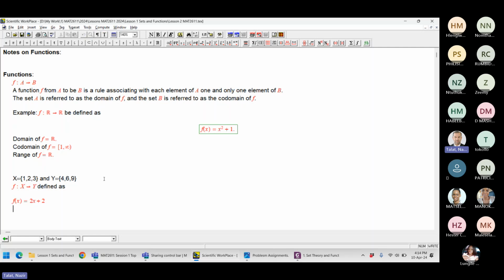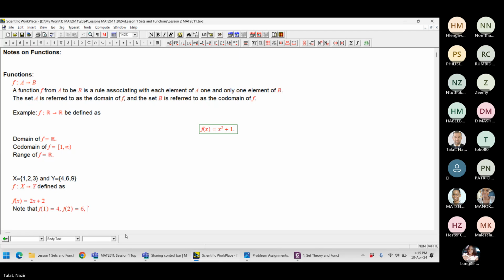If we put the domain value 1, we get 2 times 1 plus 2, which is equal to 4. And if we put 2 in that, we get 4 plus 2, which is equal to 6.